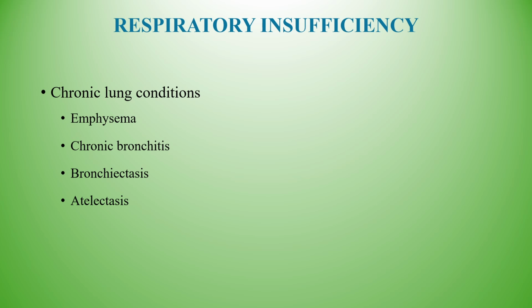Then respiratory insufficiency, chronic lung conditions, though these are some of the rare causes of performing tracheostomy, but still tracheostomy has to be carried out if these conditions are in an advanced stage and leading to severe respiratory problems or respiratory insufficiency. So like in emphysema, chronic bronchitis, bronchiectasis, atelectasis.